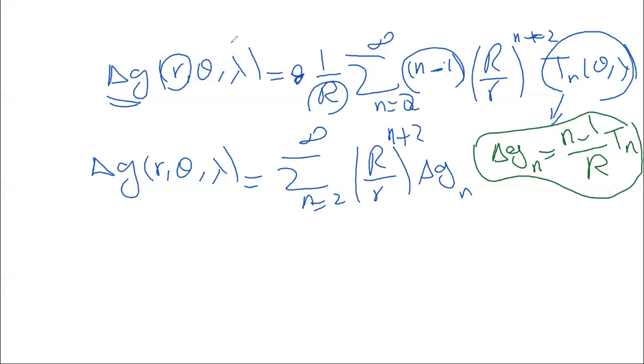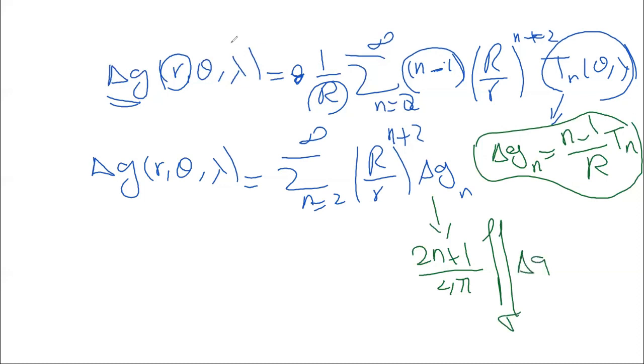Now I already know that delta g n is 2n plus 1 over 4 pi, integral of delta g Pn cosine psi. Therefore, I come to a formula which is this.